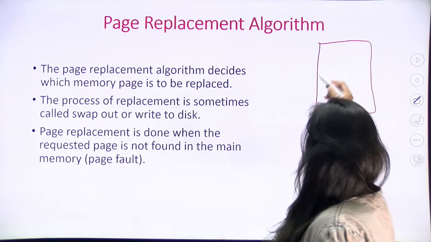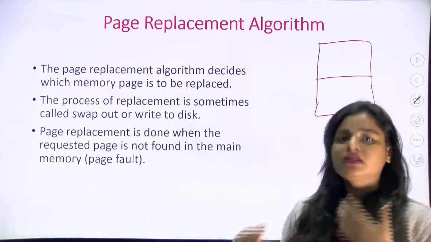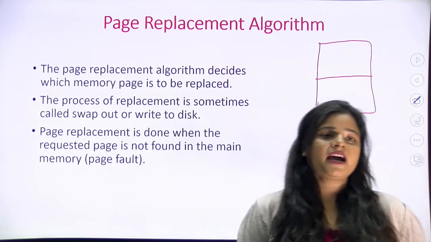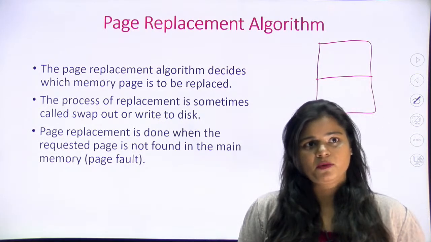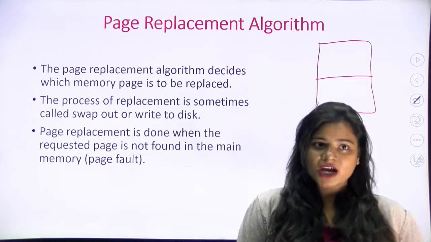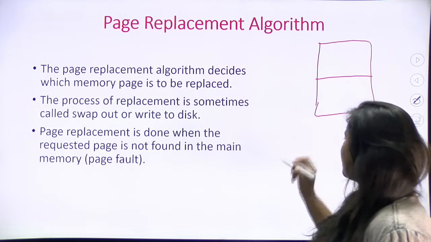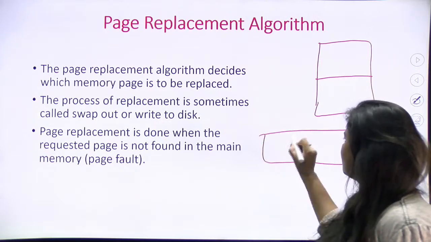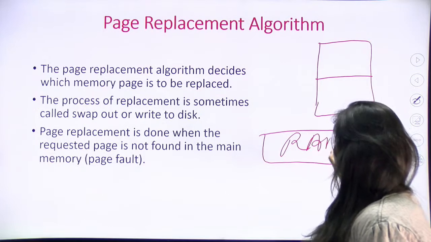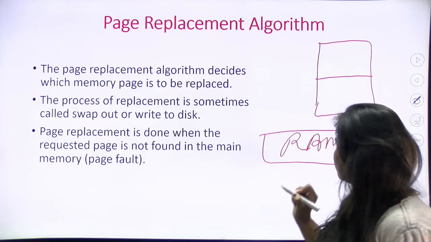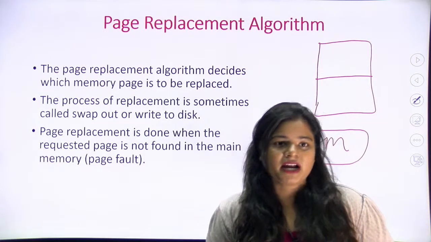So I am dividing this particular program inside 2 or so on pages, and I have to execute this complete program inside the main memory. So what I will do, I will just divide the complete program inside the pages, and I have some limited memory, which is my main memory or RAM memory. We are having RAM and ROM.